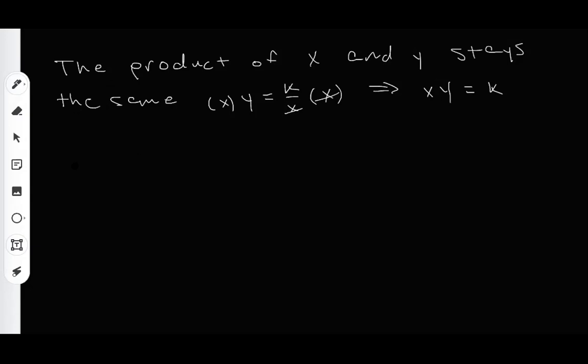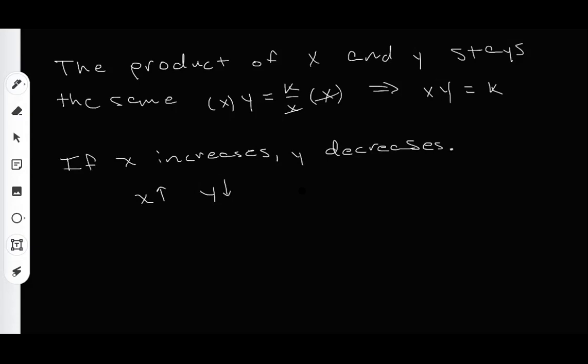Another thing we can say is if x increases, then y is going to decrease. So y decreases. This is an inverse relationship. So if x is going up in value, at the same time, that must mean that y is going down in value.